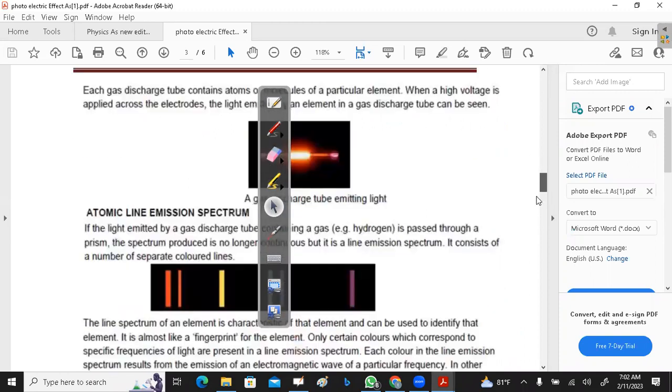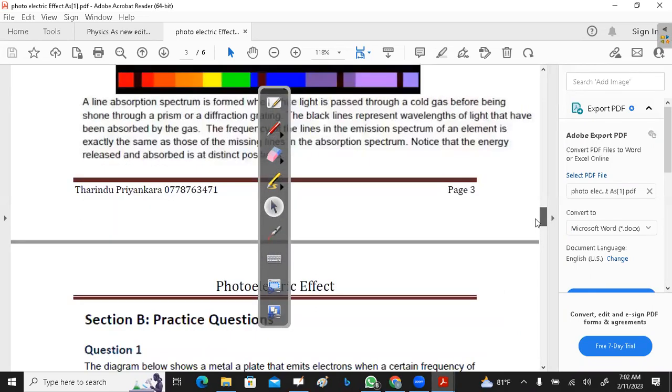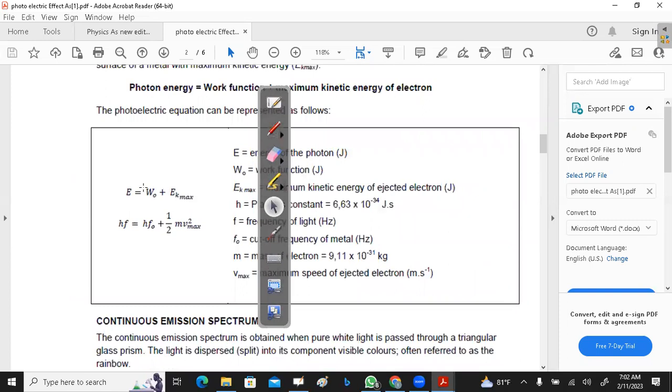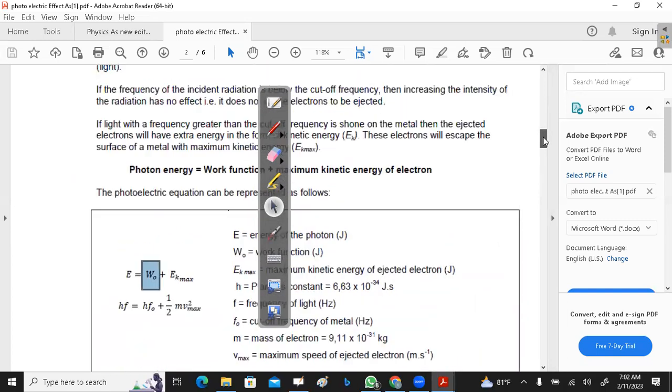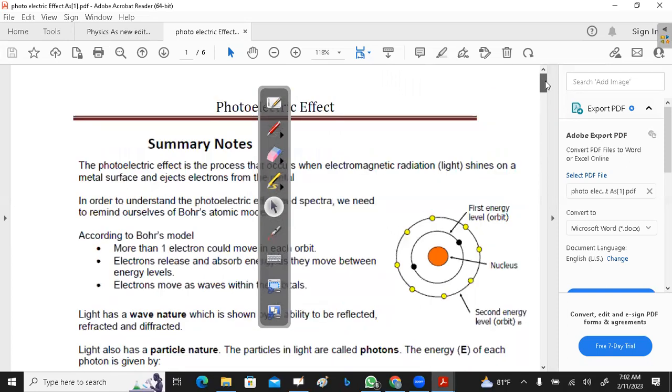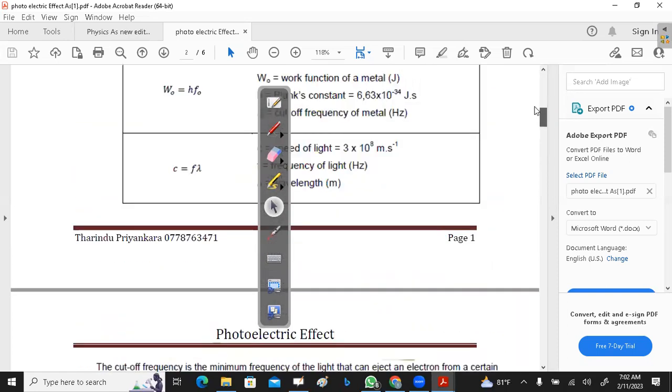In this one, the work function is W, because I couldn't find the Greek letter at the moment.